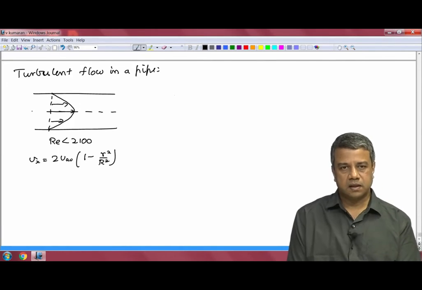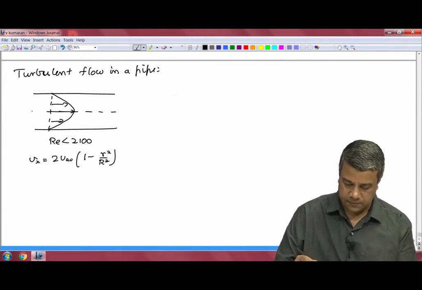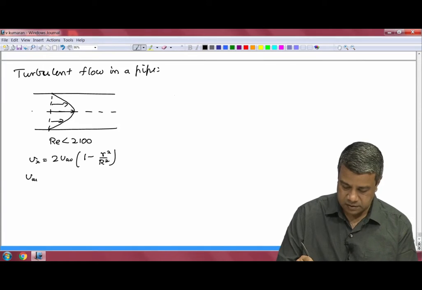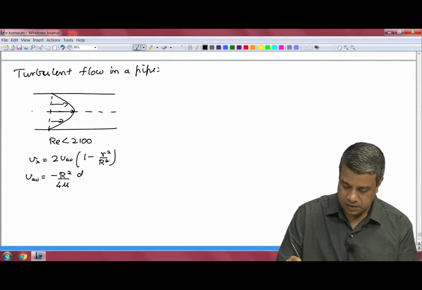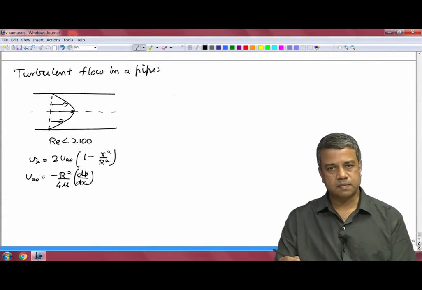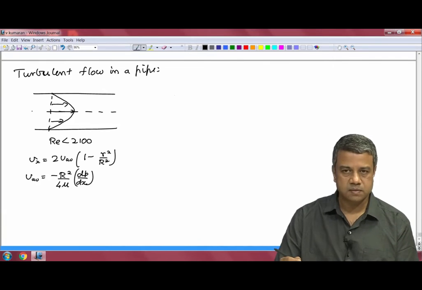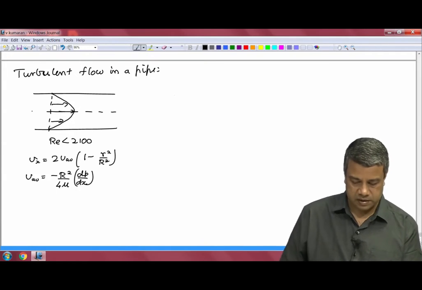Okay. That was the velocity in the x direction, and the V average was equal to minus R square by 8 mu dp by dx. The negative sign is because the velocity is positive if the pressure gradient is negative, so that the pressure decreases with the downstream distance.